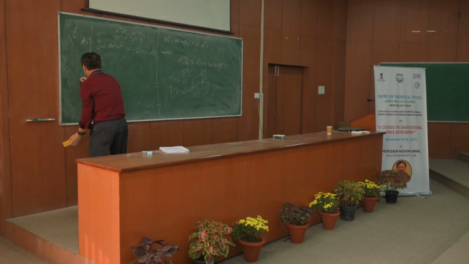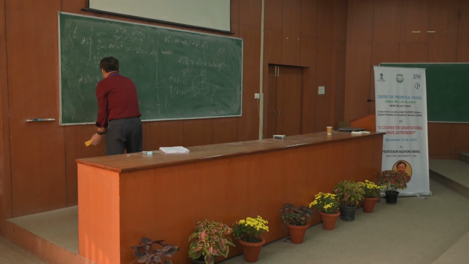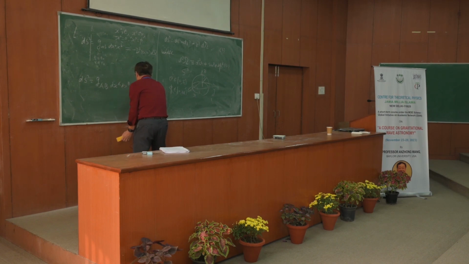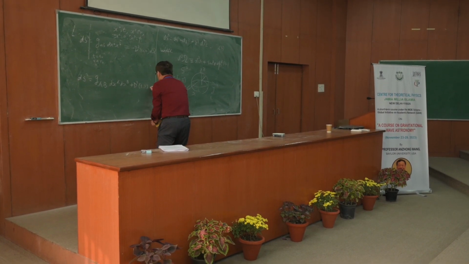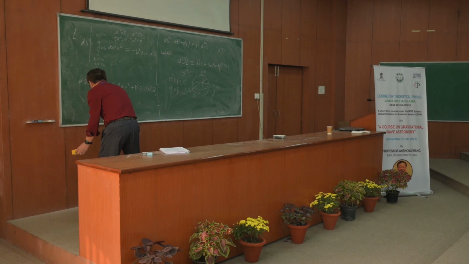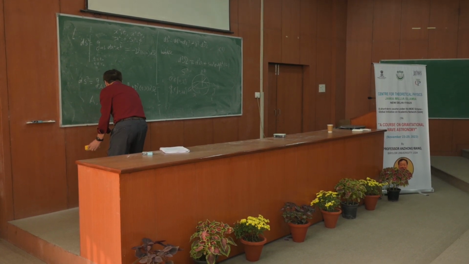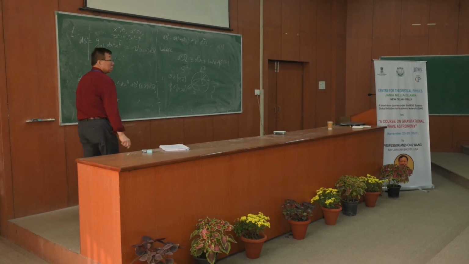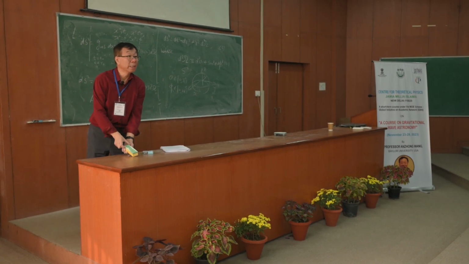You can see my metric should have ds squared equal g_AB dx^A dx^B plus a function of t, r times d omega squared, where A, B equal t, r. This is called embedding.